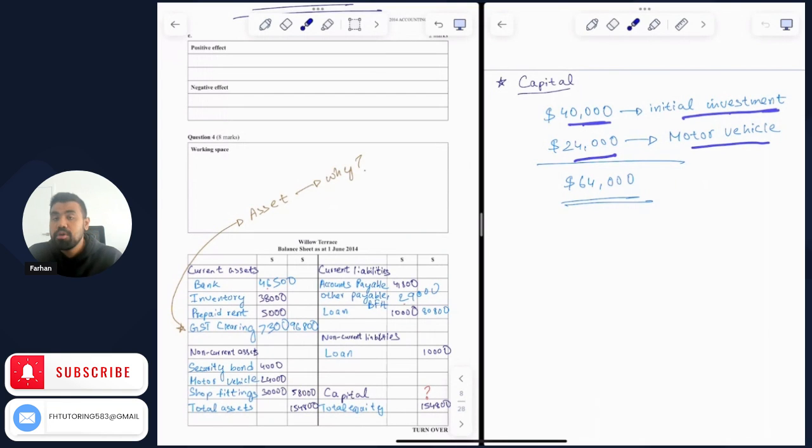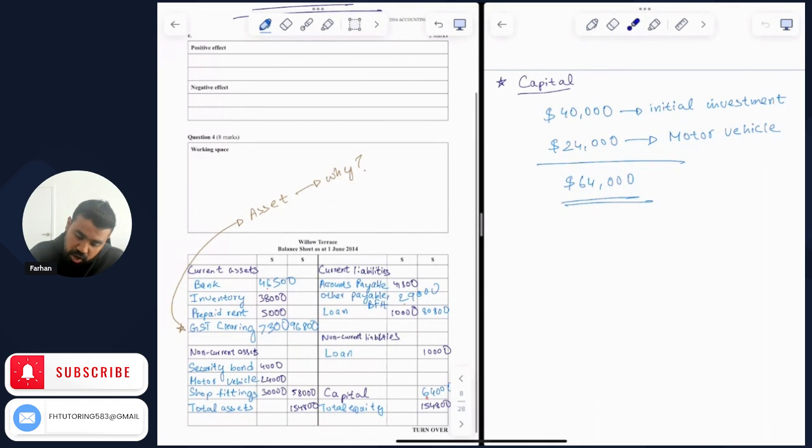And the day we contributed the motor vehicle, it had a value of $24,000, which is the economic benefit left by the business to be consumed for generating revenue and in the course of business operations. Other than that, we do not really have any investment or capital contributions. So altogether, the capital comes out to be $64,000, which is what you will include here.